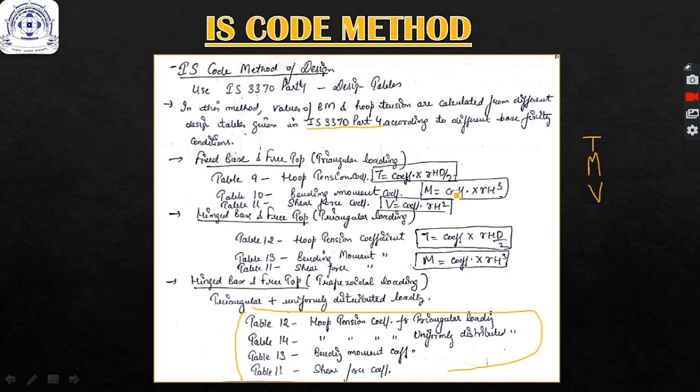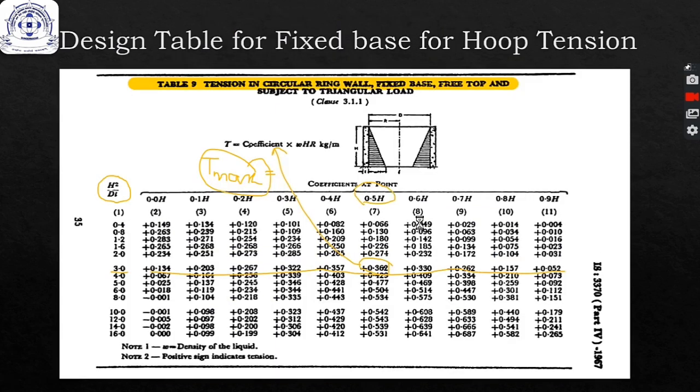You just find out the maximum coefficients and multiply them with gamma h into d by 2 for hoop tension, gamma h cube for bending moment, and gamma h square for shear force, and we get the required maximum values of tension and moments. Then we can follow the next steps, that is calculation of reinforcements as done in the previous case.